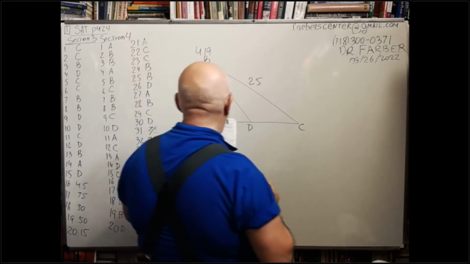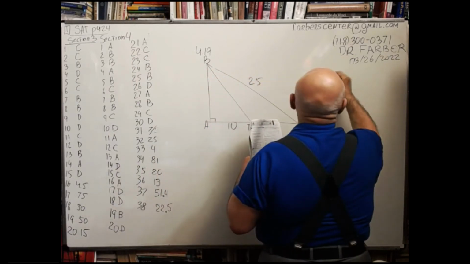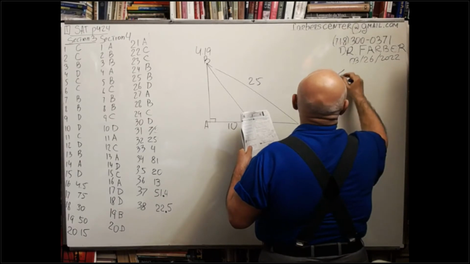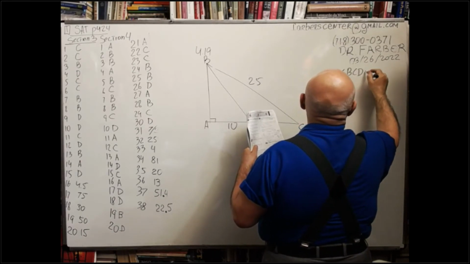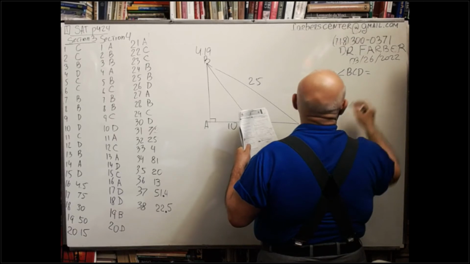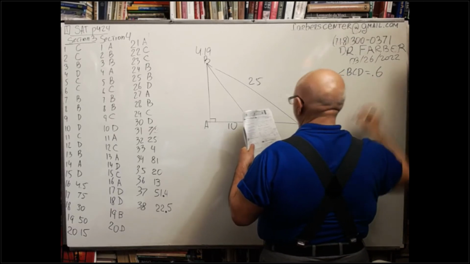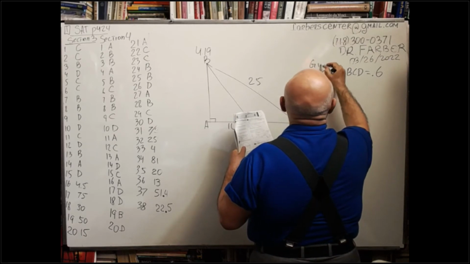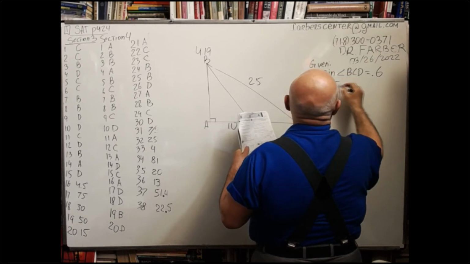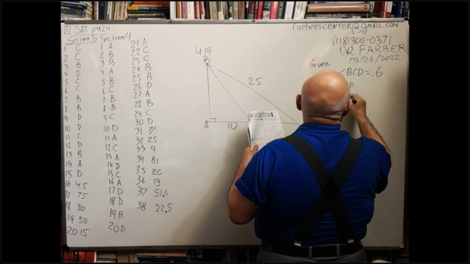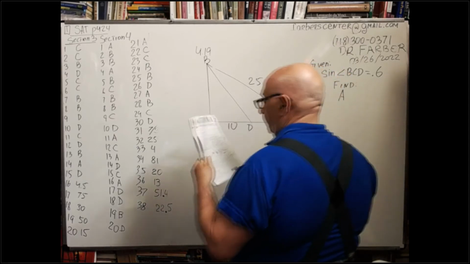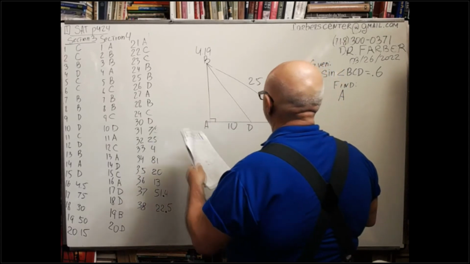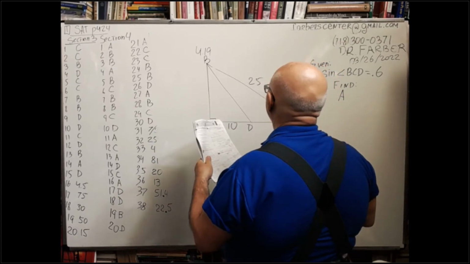And given the sine of angle BCD equals 0.6, find the area of triangle BCD.